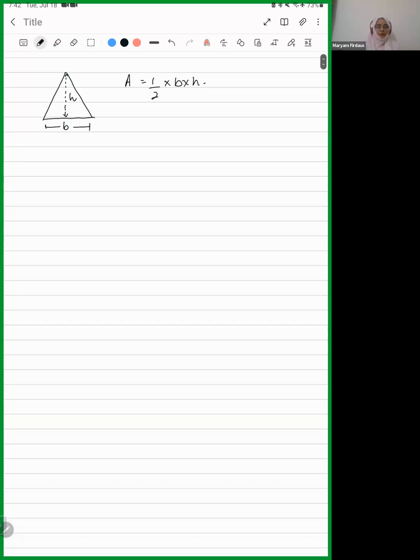Let me just draw it like this. In this case, the area is half times base times height. This is the area of a triangle.